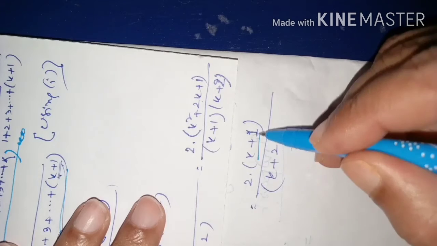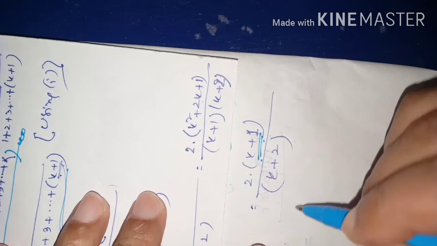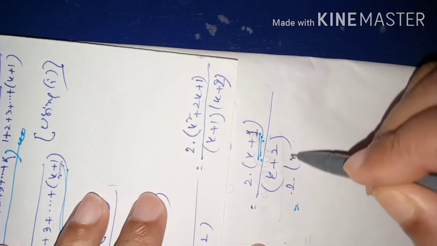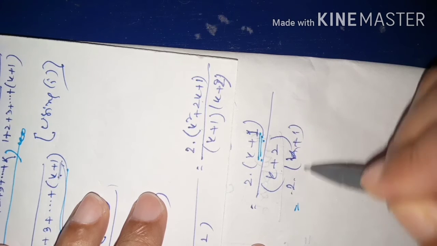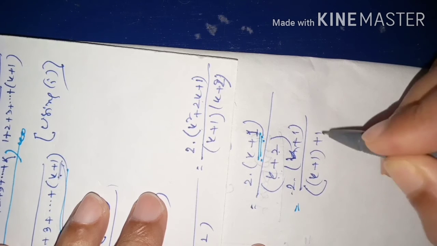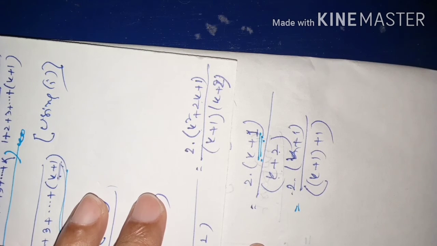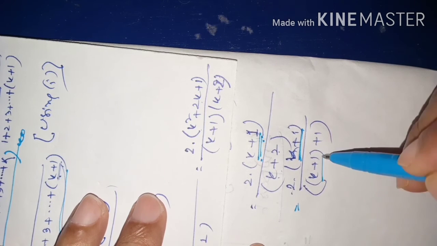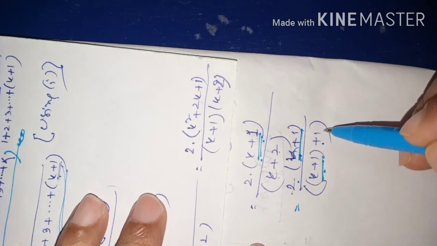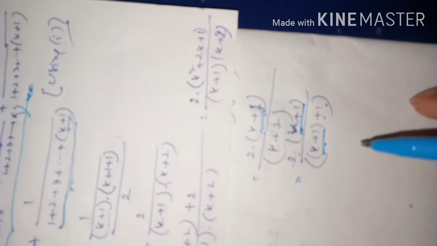Suppose this k plus 1 you think as n, then 2 into n, and k plus 2 can be written as k plus 1 plus 1. So if we imagine this as n, then this is also n plus 1. So it is 2 into n divided by n plus 1, similar to the given expression. That is ultimately, for P of k plus 1 also the statement is true.